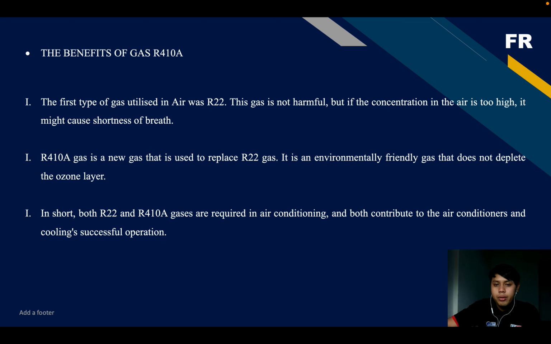It is an environmentally friendly gas that does not deplete the ozone layer. Third, in short, both R22 and R410A gas are required in air conditioning, and both contribute to the air conditioner's cooling and successful operation.